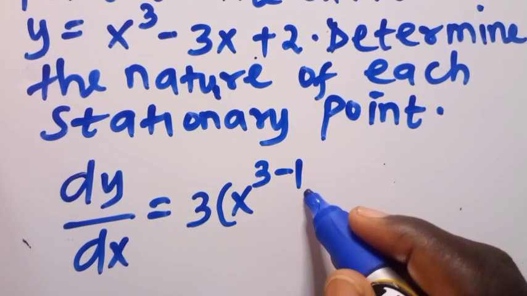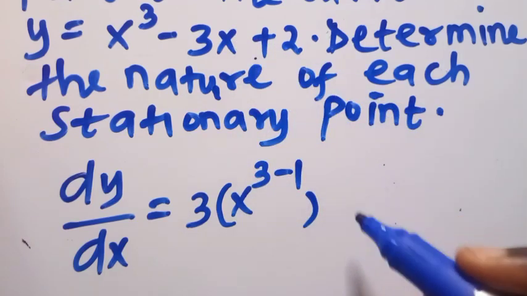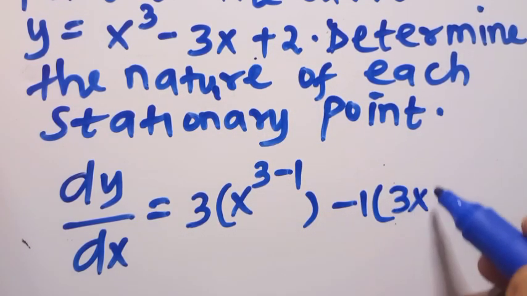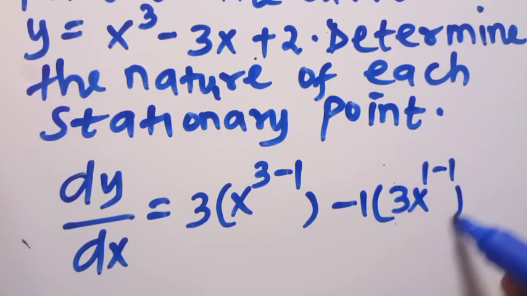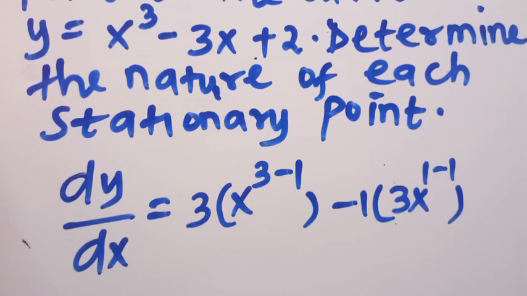The power of x in the second term is 1, so it will be minus 1 into 3x raised to 1, but we reduce the power by 1. Then if we differentiate positive 2, it is 0 because it is a constant.